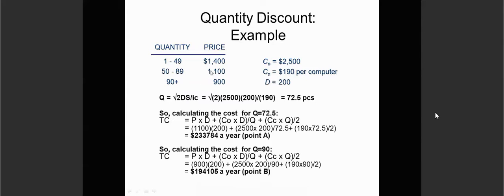Why do we not include the price of 1,400 with the order quantity of 1 to 49 units in our analysis?